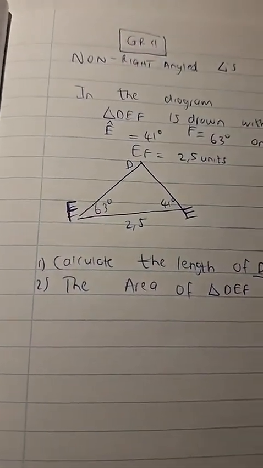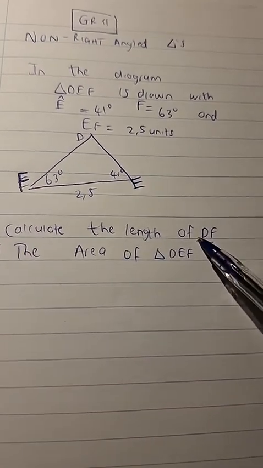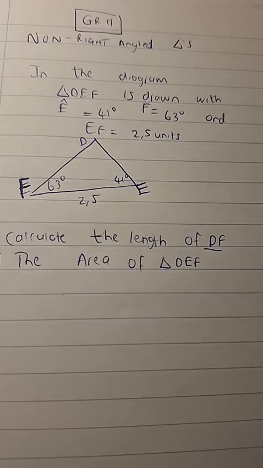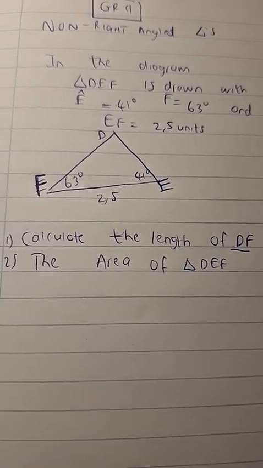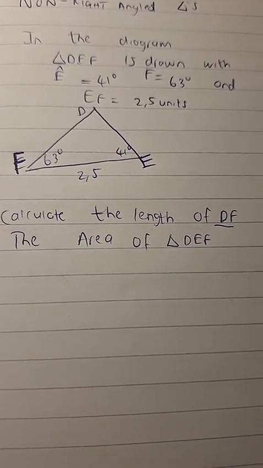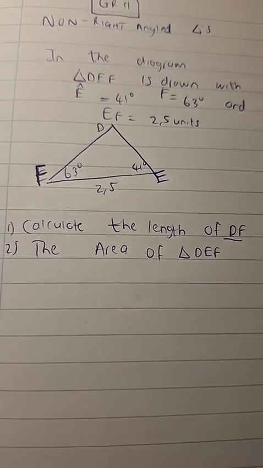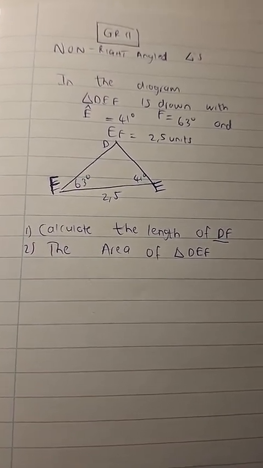So that means I need to then look for an alternative way of finding the length of DF. And that is where the rules come into play. Our trigonometric rules for triangles come into play, because the question is, how am I going to solve that?